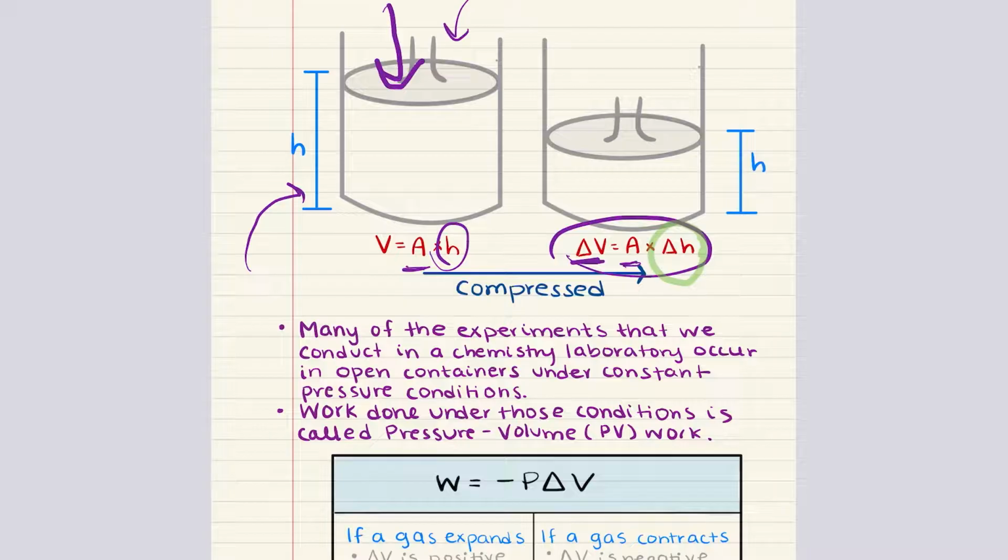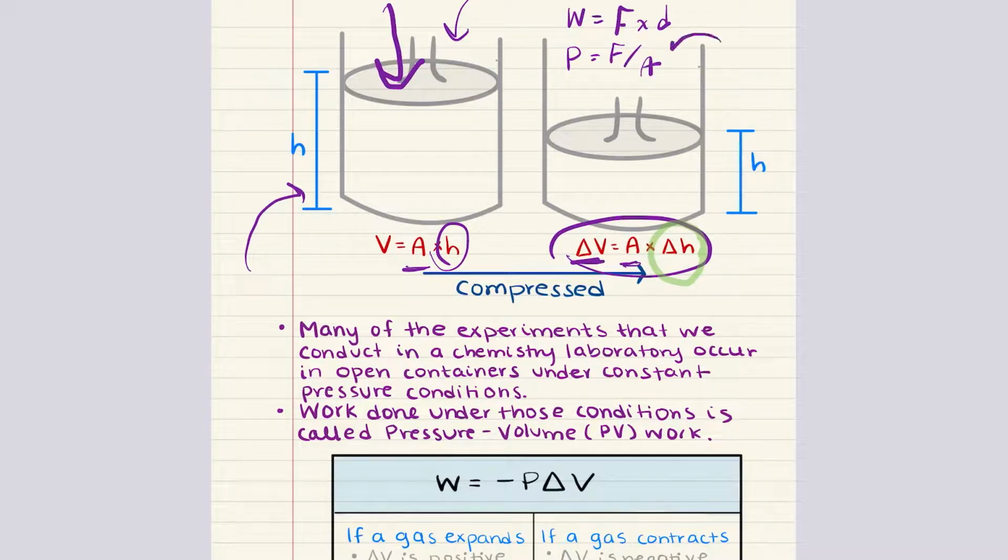Now, keep this in mind. I'm going to redefine work for us, right? Work, we said earlier, is equal to force times distance. Now, we can also define pressure. This is something we'll go into more detail in the next chapter when we cover gases. But just really quickly here, pressure is equal to force over area.